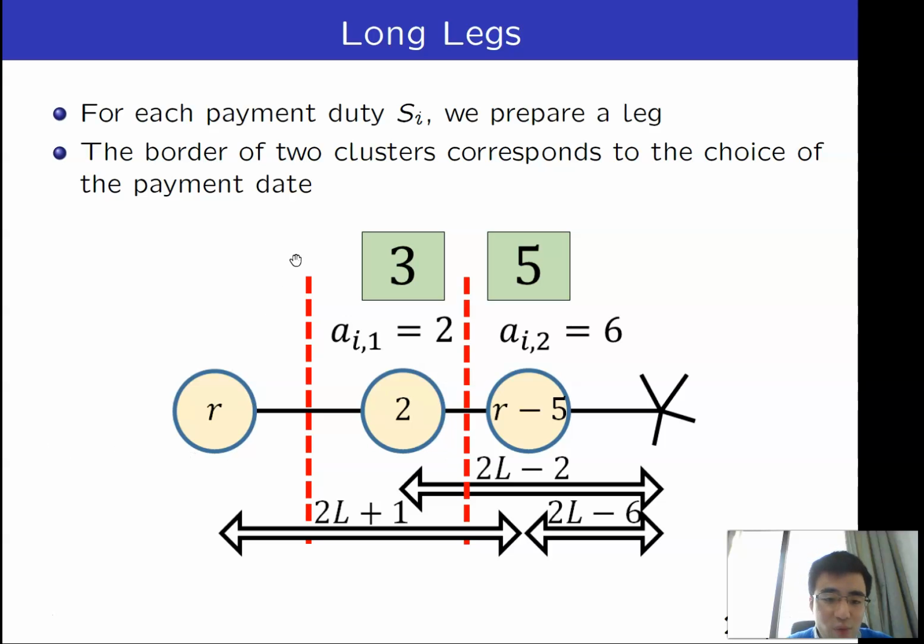And if we cut here, we need 3 additional users from the center by distance at most 2, on the short legs. If we cut here, we need 5 additional users on the short legs from distance from center at most 6. This is a construction of gadget.